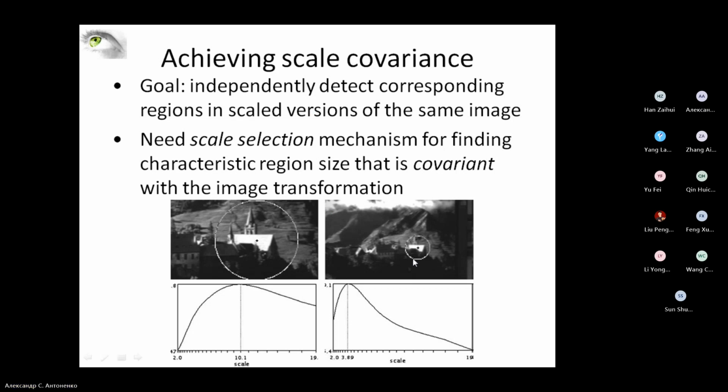We have two images, one zoomed in and one zoomed out, and here our object is bigger, here it's smaller, but we should detect it. So some descriptor of this object should be the same, but the scale of this object should be different.